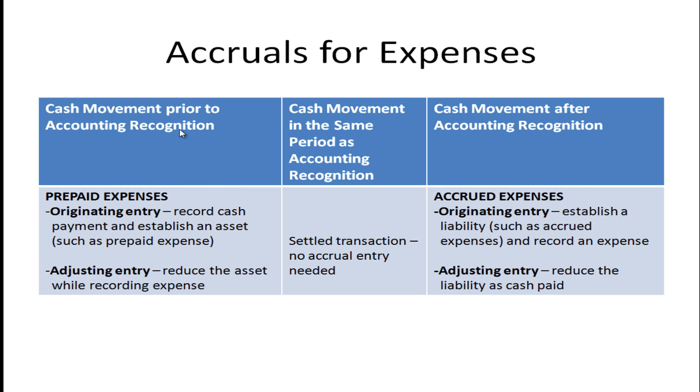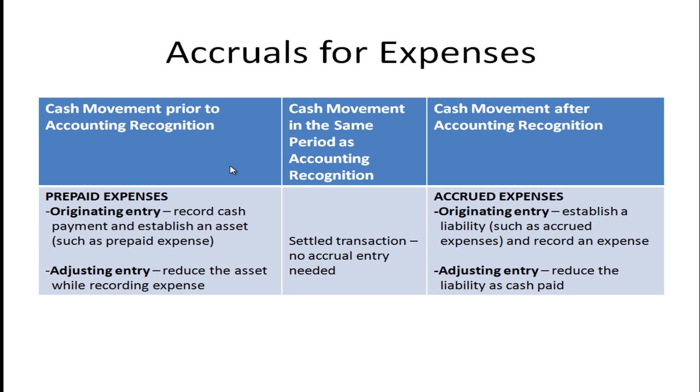You can also have this case where you have the cash movement prior to accounting recognition for expenses. So you may have a prepaid expense. You may pay for something ahead of time, and so you have a credit coming to you. So if you happen to be the company that bought a liability insurance policy from an insurance company, you've prepaid that expense, and you're going to consider that an asset, and then you're going to reduce that over time as you move through time, and that's actually used up.